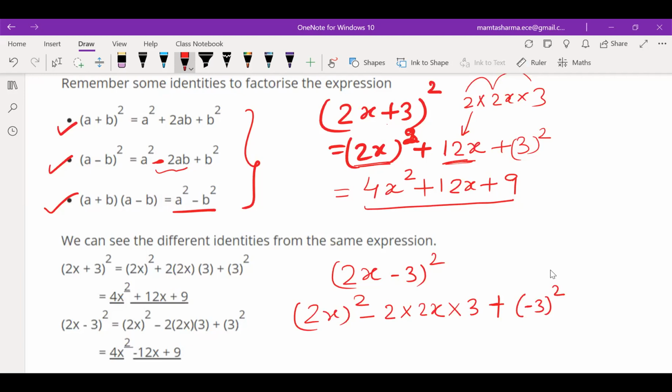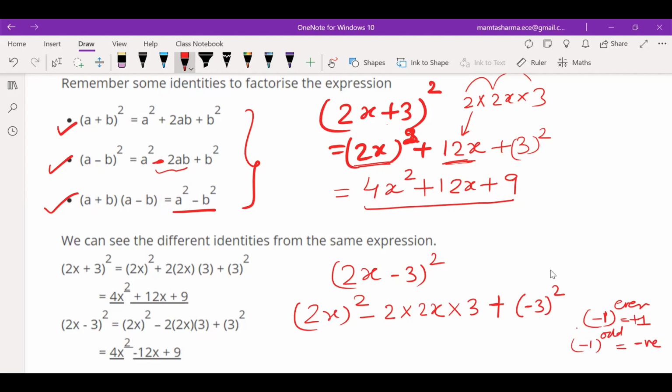Ma'am, how will plus come? I have told you, minus 1 raised to an even power gives a result in plus. If minus 1 is raised to an odd power, then the result would be negative.